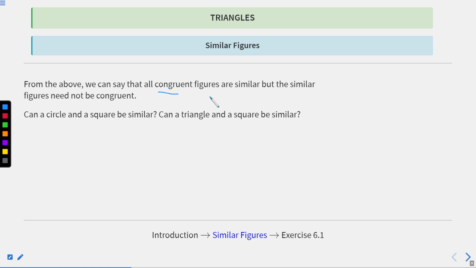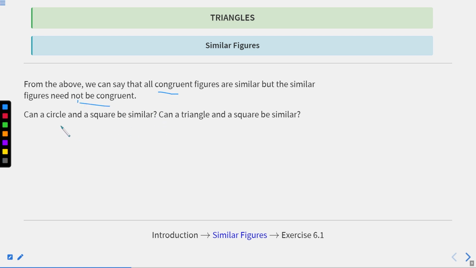Two figures are called similar if they have the same shape but do not necessarily have the same size.